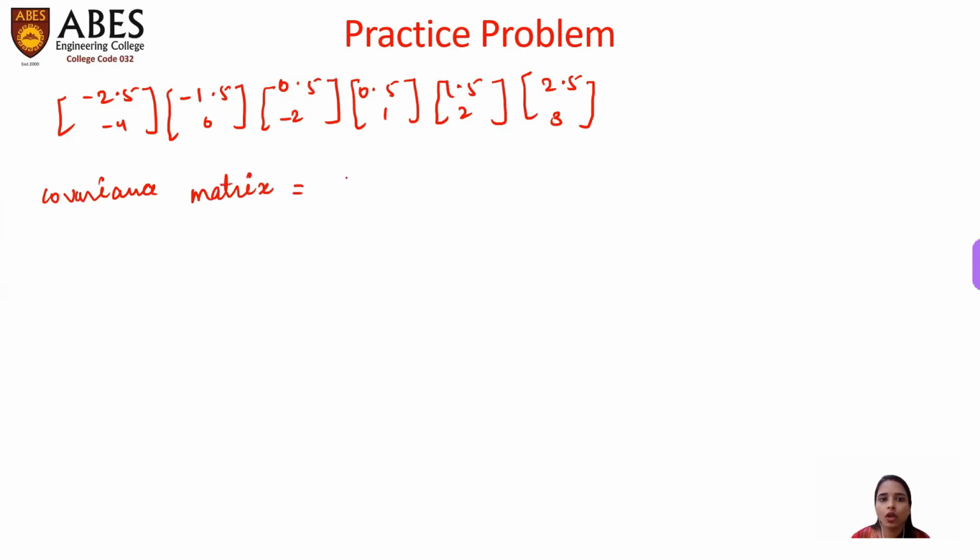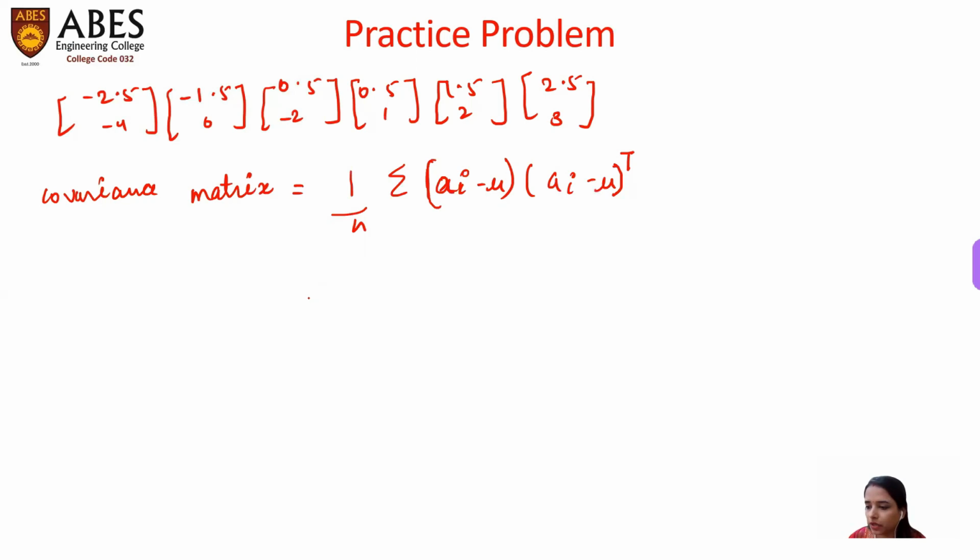Covariance matrix equals 1 upon n, where n is the total number of data elements, times the summation of all (ai minus mu) multiplied with (ai minus mu) transpose. So for the covariance matrix, we just multiply the subtracted matrix with its transpose.